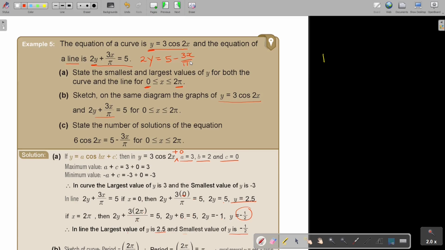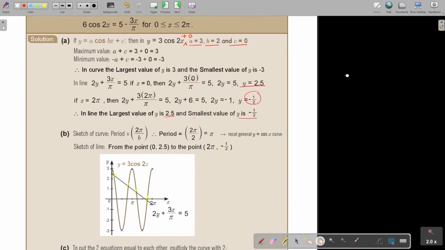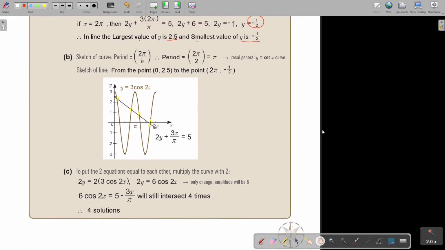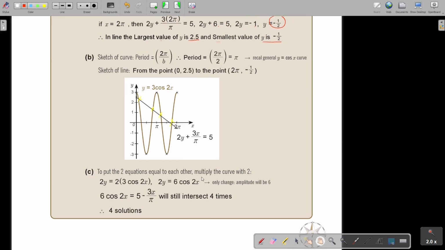But then, to put it equal to each other, I just multiplied by 2 there. But it doesn't matter how, in the end it can just go higher. I just showed you, to put it equal to each other, it will still have 4 solutions, 4 times intersecting. Okay. And that's how we do it. Because if it's becoming 6, then it will just go from 6 to -6.